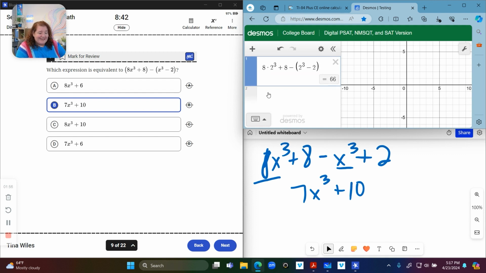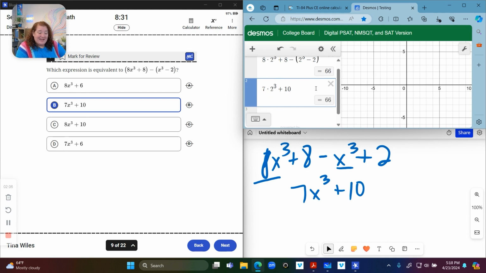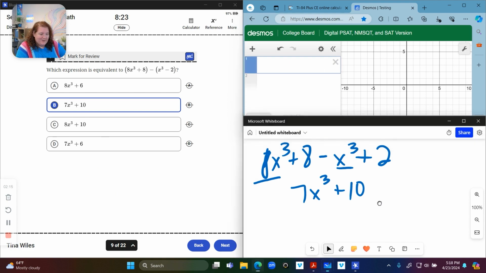And I get 66. Then try plugging in the same number: 7 times 2 cubed plus 10, and I got the same answer. So that's how I know that it was correct. You could plug 2 into all of the answer choices to see if you weren't sure how to combine like terms.